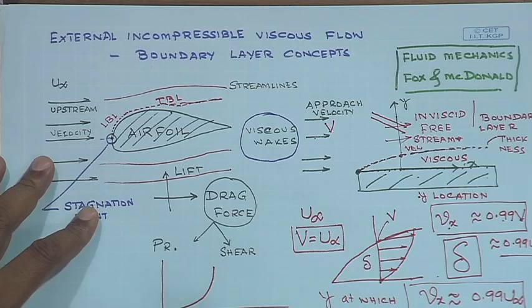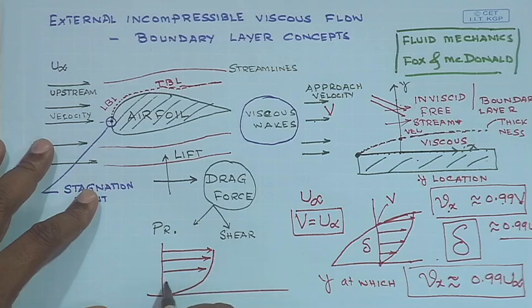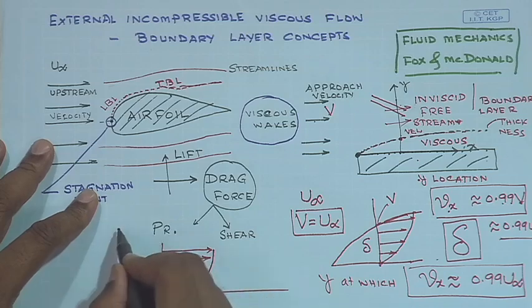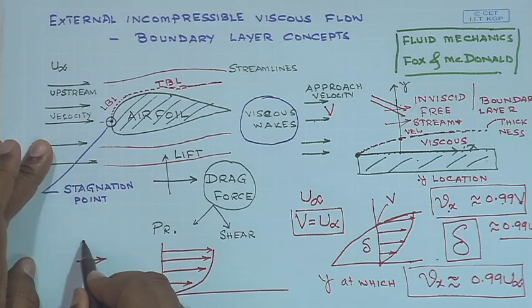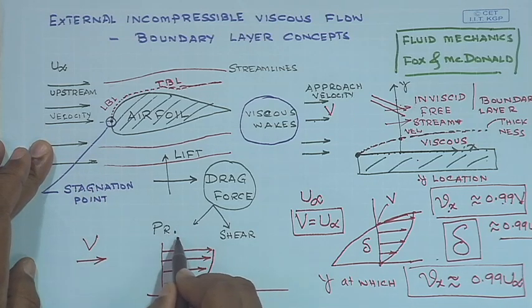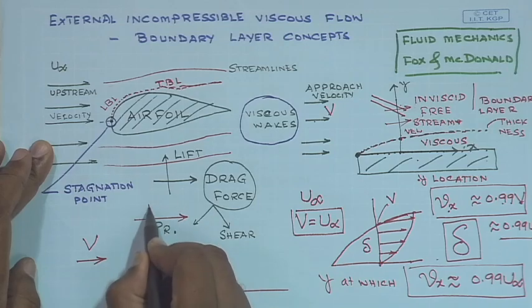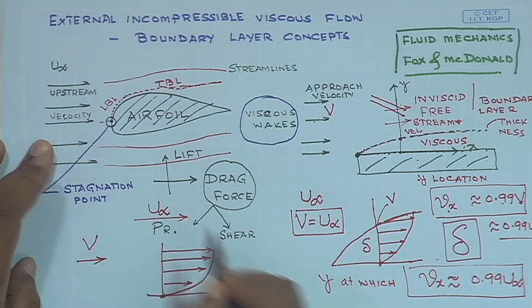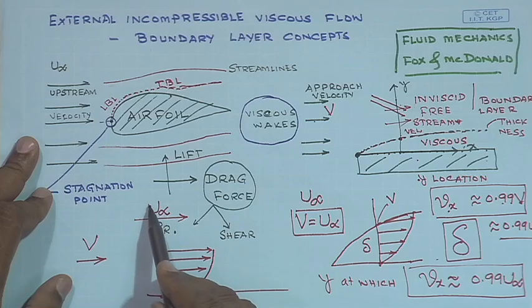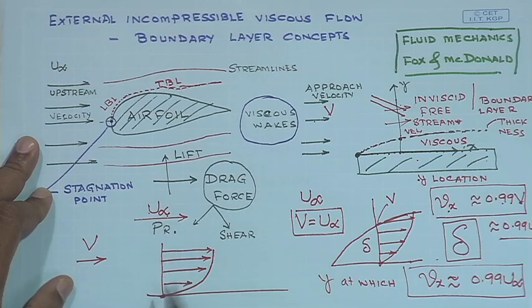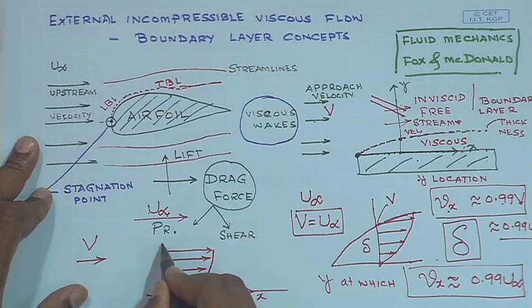If I draw the velocity profile here, it is going to start at a value equal to 0, and then this is your approach velocity, which is denoted by v, and over here I have the free stream velocity, which is denoted by u infinity. That means the velocity in the x direction at a very large distance from the plate, this is the x direction and this is the y direction.